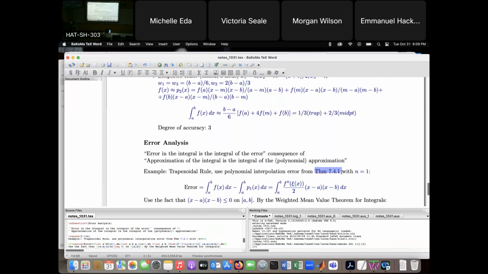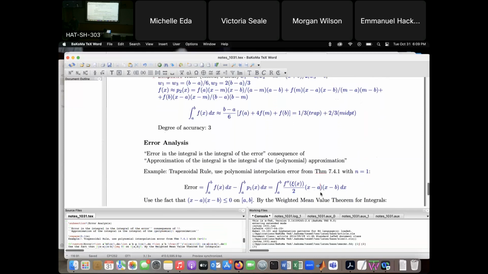This is from a theorem from the error analysis section in chapter 7. I applied that theorem with n equal to 1 and interpolation points a and b, and this is what we have. So here we already have an expression for the error, although it's not a very nice one. We can get a simpler form of the error than this.